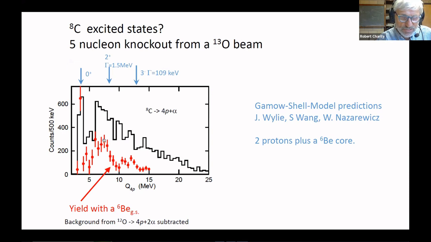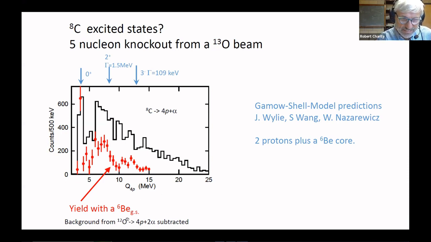I will say there was a reasonably substantial background subtraction here, which I won't go into. We make an oxygen-12 state that decays by 4 protons and 2 alphas. If we don't detect one of the alphas, we will get a 4 proton plus alpha.